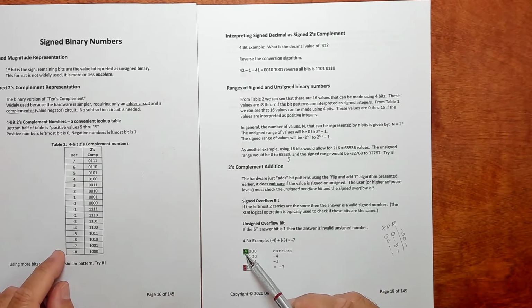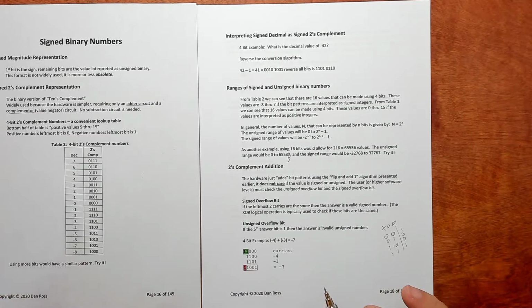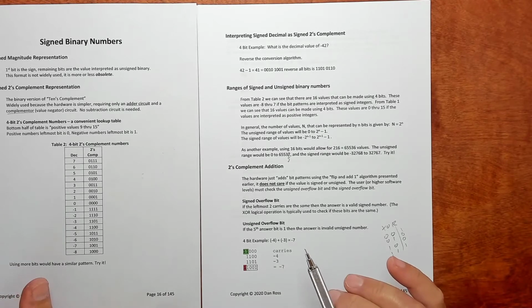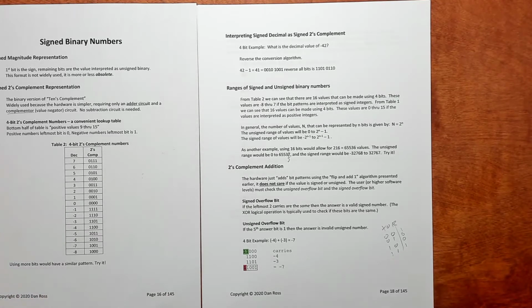And then you look at these 2 bits, and you see that they're the same, so it's telling you the answer is correct as a signed number.